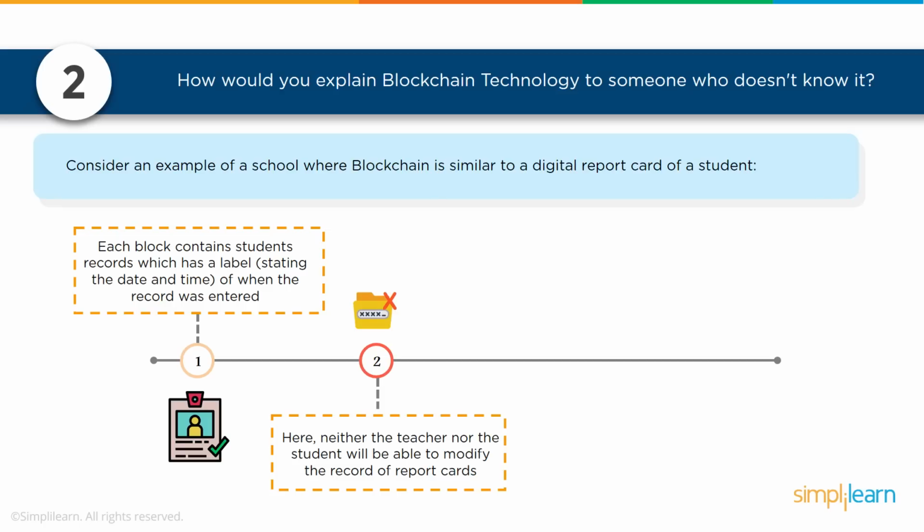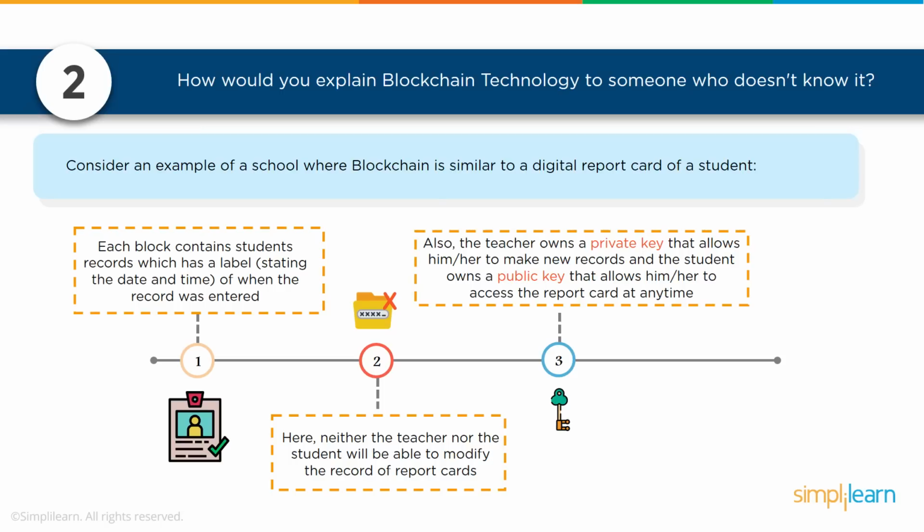Neither the teacher nor the student can modify the details of that block, the record of the report card. Therefore, the record becomes non-modifiable, immutable. Also, the teacher owns a private key that allows them to make new records, and the student owns a public key to view and access the report card at any time.